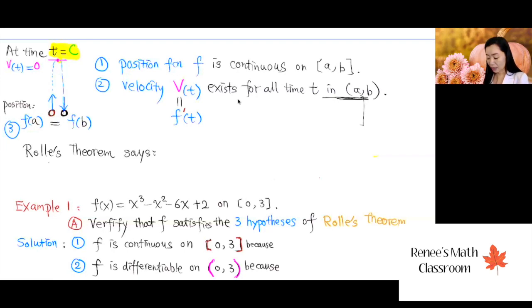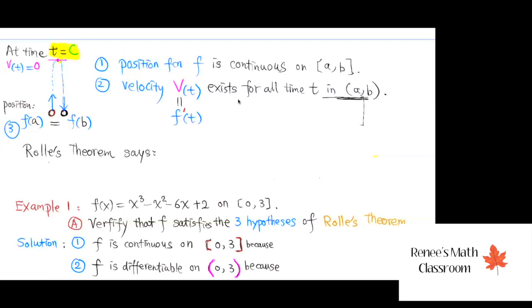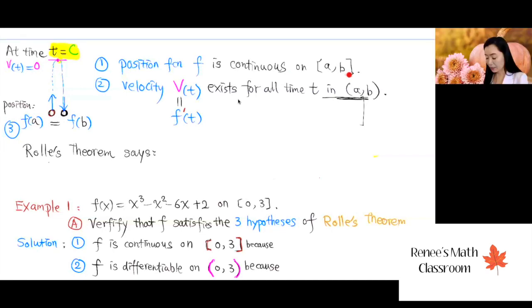The position function is continuous on this closed interval a to b. And also the velocity exists at any moment. Velocity exists means the first derivative of the function exists. So that implies that the function is differentiable on this a to b. So it satisfies the three hypotheses of Rolle's theorem.